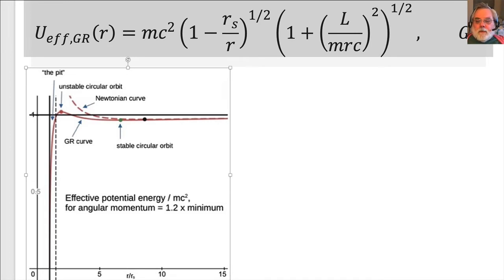We will learn shortly that there is a minimum value for the angular momentum for circular orbits. This graph is the curve for 1.2 times the minimum angular momentum. The red dashed curve is the Newtonian effective potential energy plus 1 for the rest mass energy.